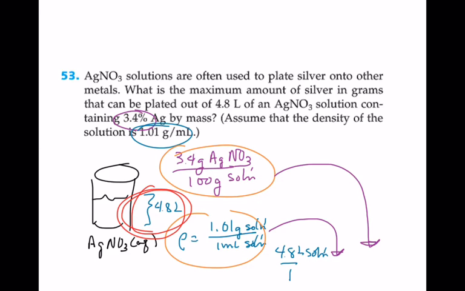I know the question says, and I think by chapter 13 we've talked about another concept we haven't talked about yet, where it says what is the maximum amount of silver, I just want you to say what is the maximum amount of AgNO3.